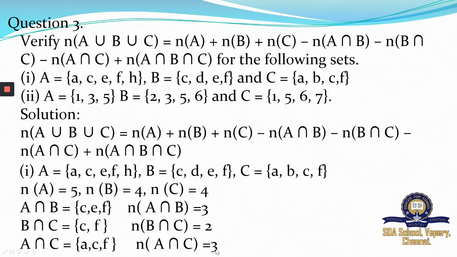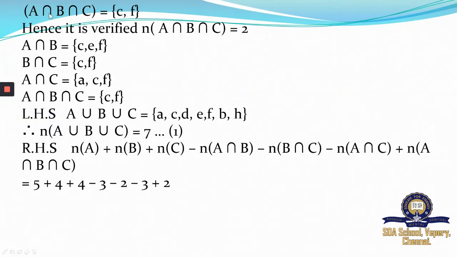So N of A intersection C is 3. Next, we have to find A intersection B intersection C, which is equal to C and F. Now we have to find the cardinality of it, which means simply counting the number of elements. So there are 2. Again, let us just rewrite A intersection B, B intersection C, A intersection C, and A intersection B intersection C. These are the elements.